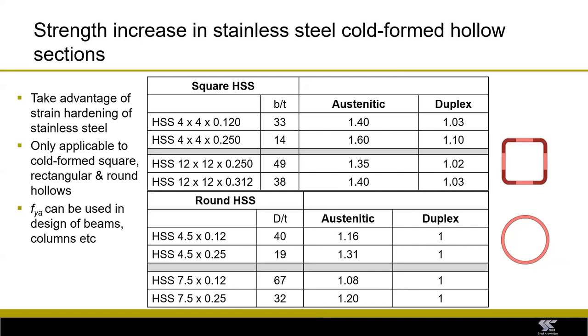First of all, much more advantage for austenitics because they have more non-linear characteristics than the duplexes. And you get a greater strength enhancement as the section becomes stockier. So here we have the 4" by 4" by 0.25 compared to a 4" by 4" by 0.12 and a significantly larger strength enhancement.